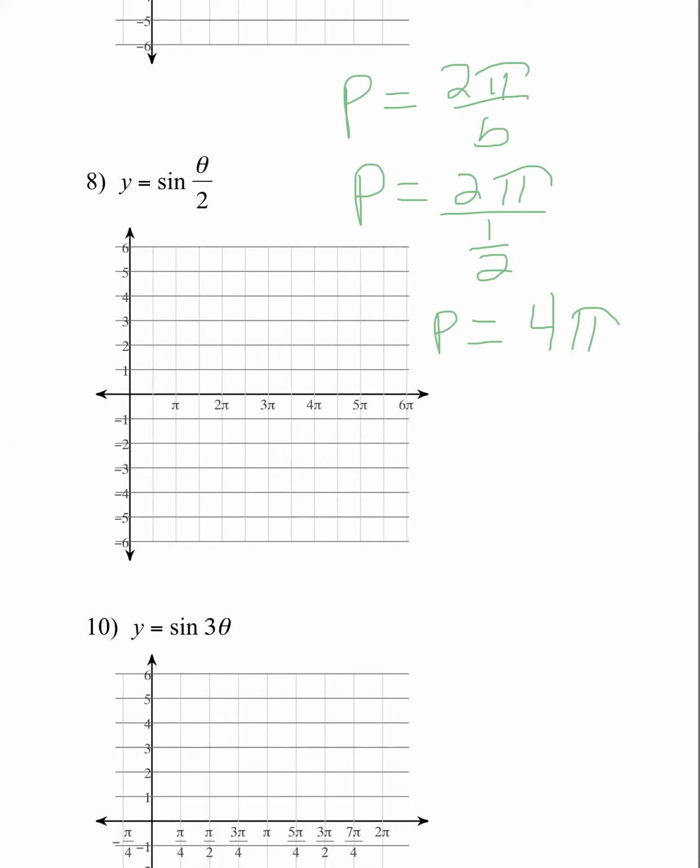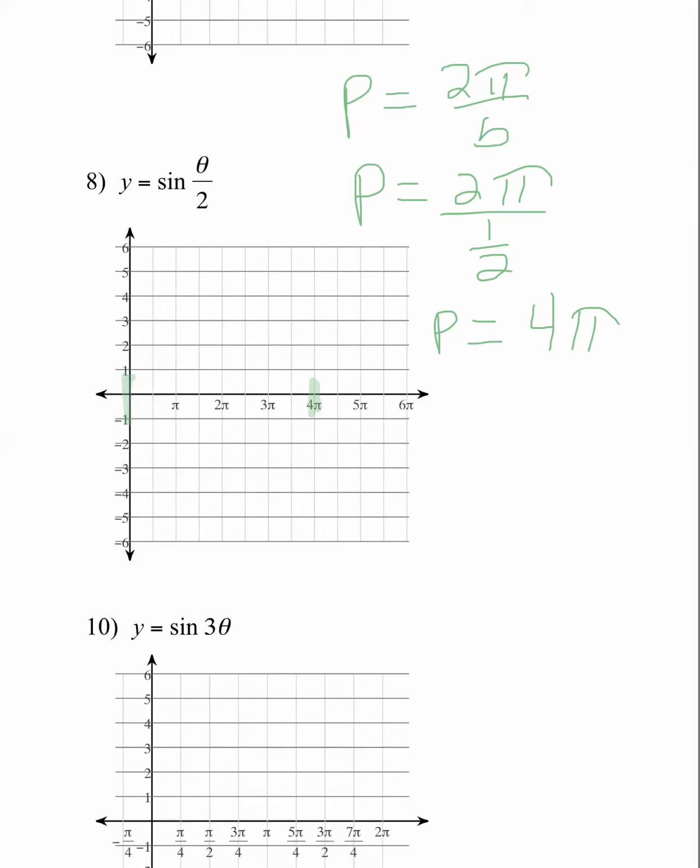So that's a very common mistake. I know you see 2 and a half and you just, 1 just pops out in your head. But if you're dividing by a half, you got to remember to do that multiplication. So period is 4 pi. Hey, this one's actually awesome because the numbers are super easy. So check this out. 4 pi, that's my one full cycle is going to happen between 0 and 4 pi, right?